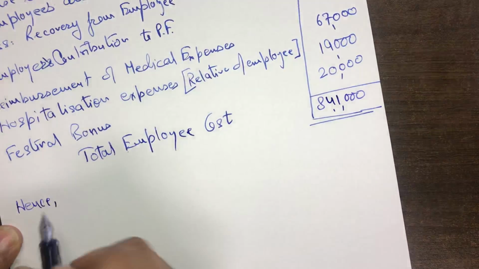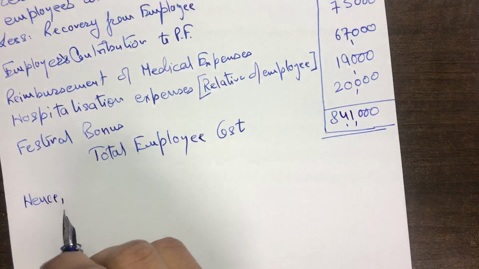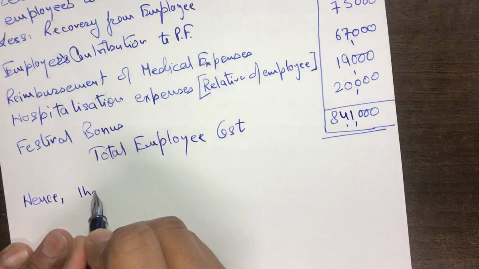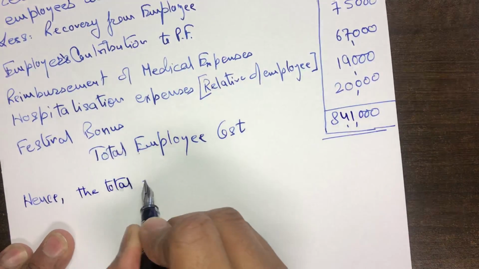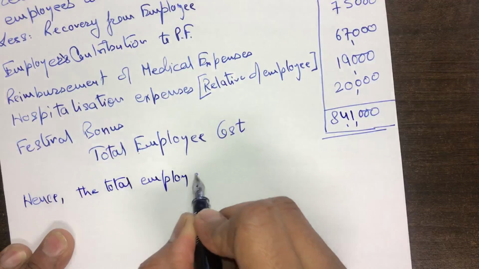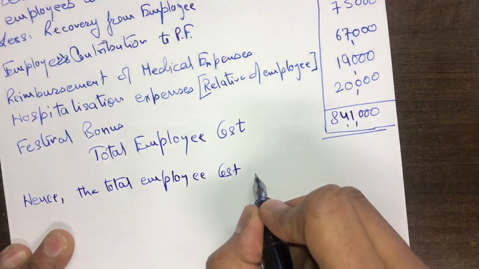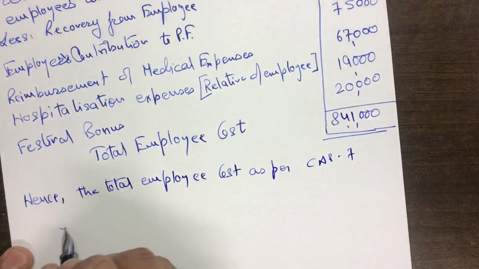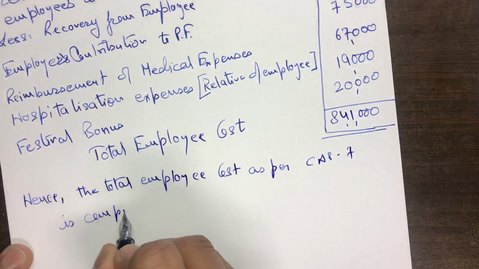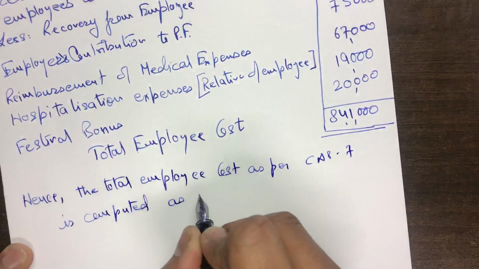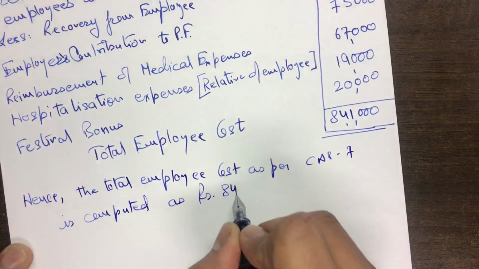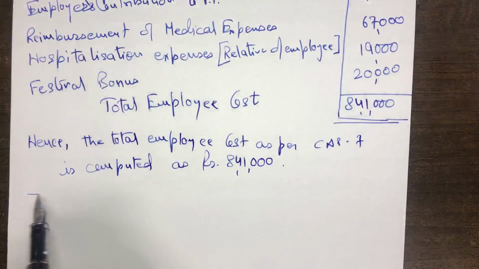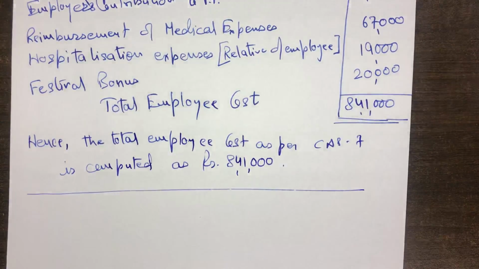Guys, writing a conclusion is a good habit which you should follow in your examination also. Hence, the total employee cost as per CAS 7 is computed as rupees 8,41,000. This is how your questions should look.